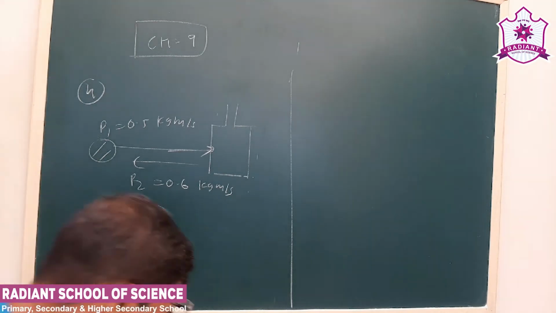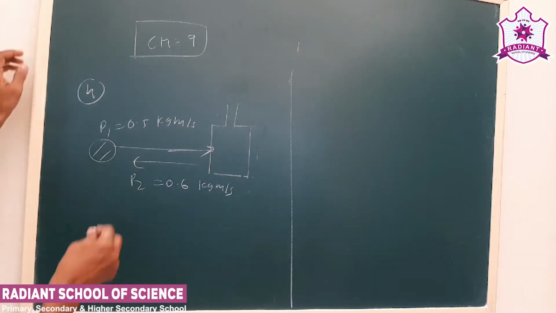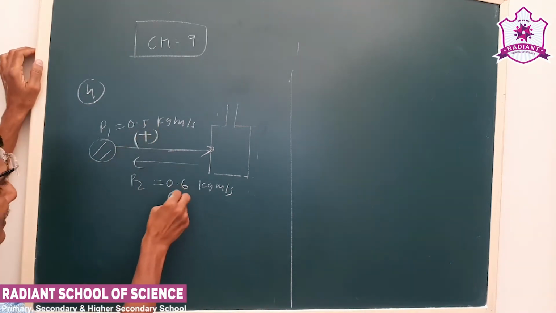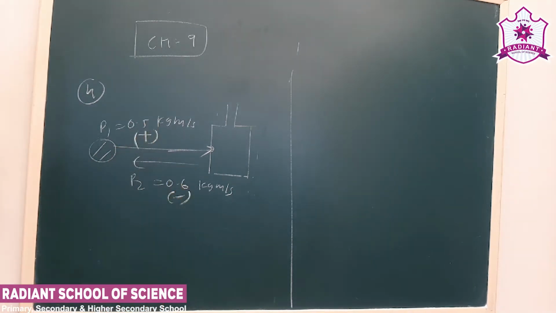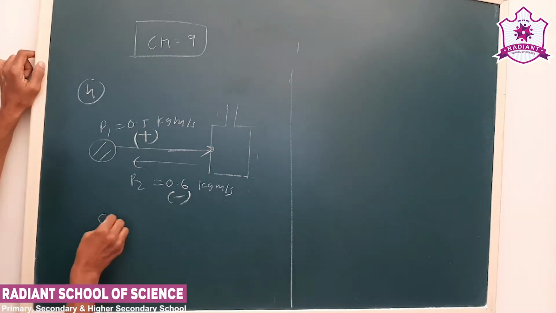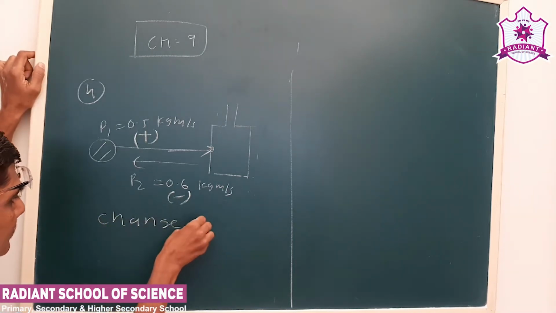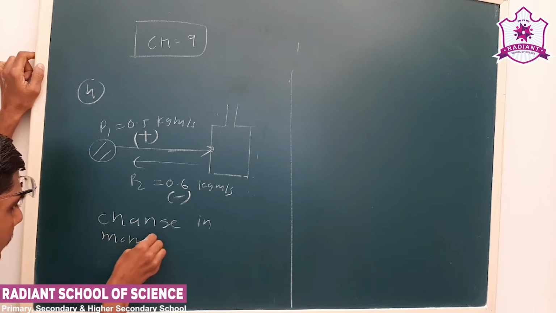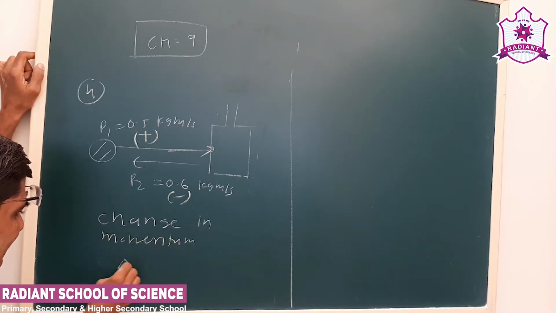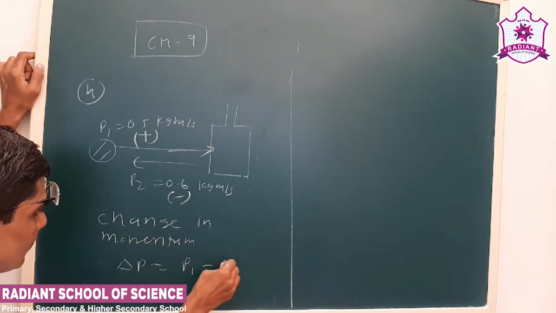Now remember, momentum is a vector quantity. If I consider this as positive, the one in the opposite direction should be taken negative. Now the change in momentum, delta P, is P1 minus P2.